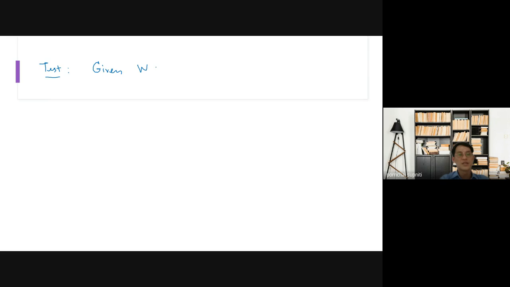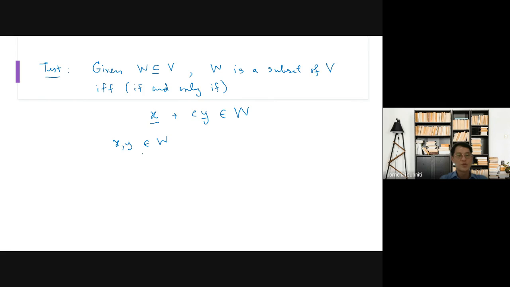Given that W is a subset of or equal to V, W is a subspace of V if and only if we can test that x plus cy is a member of W, where x and y are in W and c is in the field.